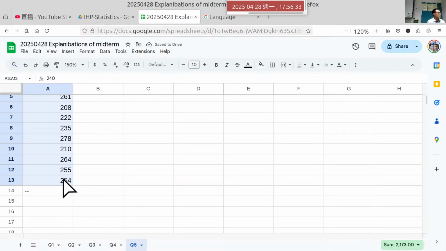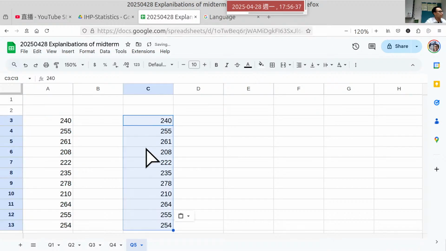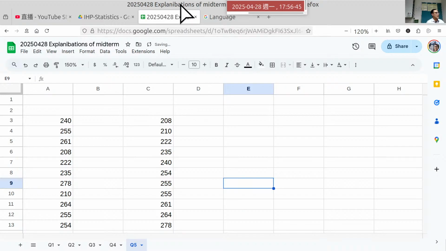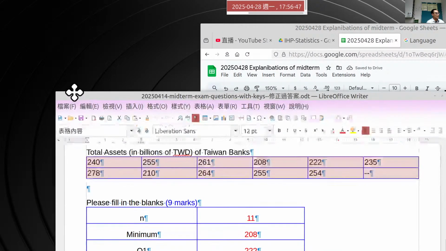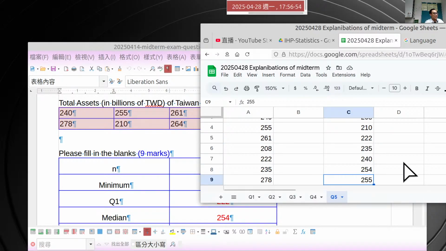And now, I copy it again. I use data sort from small to big. I get it. And okay, the question. The first one, what's the number? 1, 2, 3, 4, 5, 6, 7, 8, 9, 10, 11.